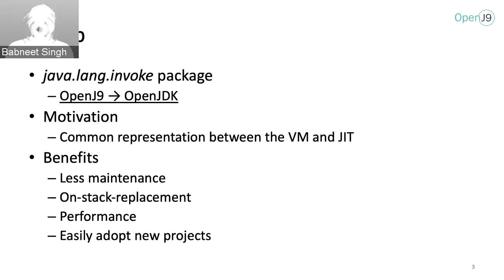This work has been ongoing for more than 1.5 years. Approximately 7 VM team members and 5 JIT team members have contributed to this work in various capacities. The main intent of this work is to transition from OpenJ9's to OpenJDK's implementation of the invoke package.